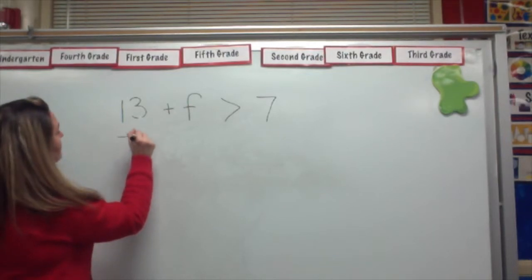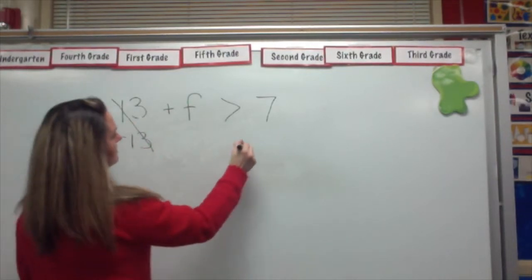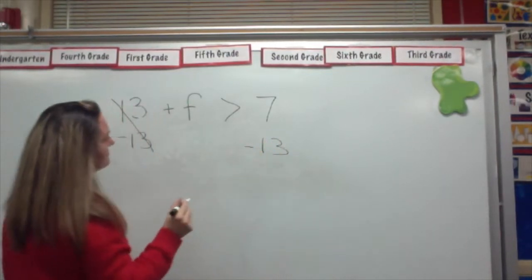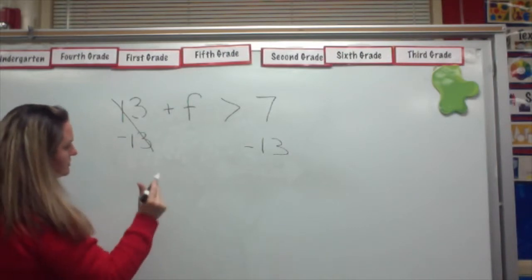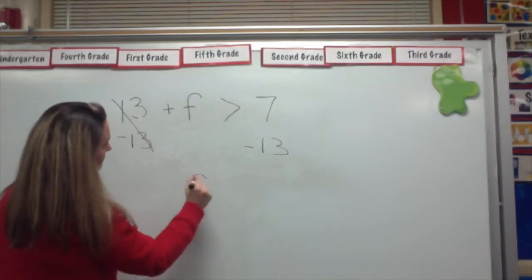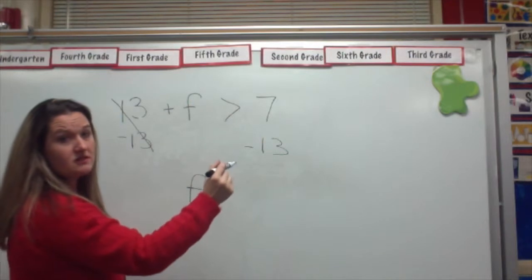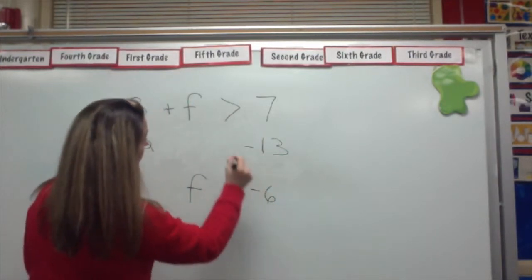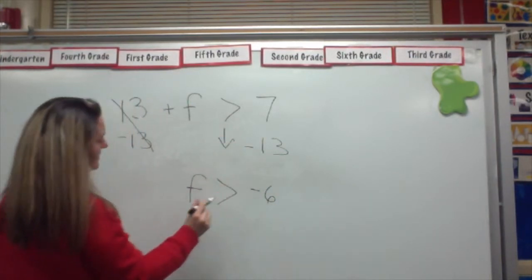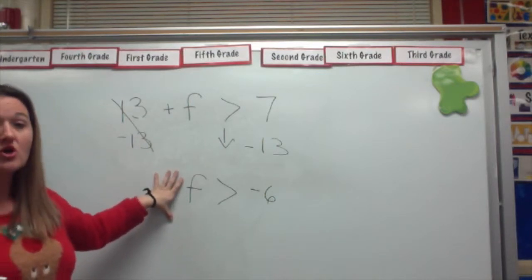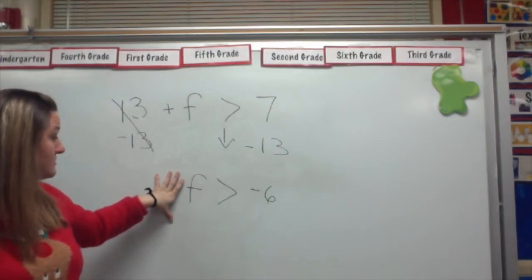Subtracting. So poof, it's gone. Minus 13. Looks like we're going to have a negative. That's okay, we know what to do. So we've got f, and 7 minus 13 is negative 6. Then we just drop this inequality sign. F is any number greater than negative 6.